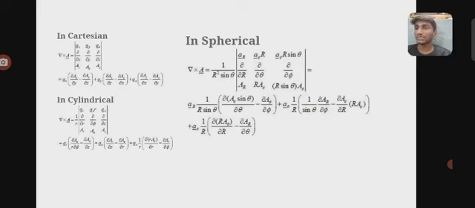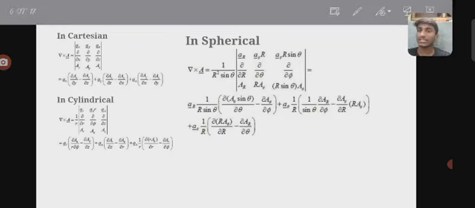So this is the curl of a vector field. In cylindrical form we get a corresponding equation, and in spherical form we use the polar functions to represent the curl of a vector field.